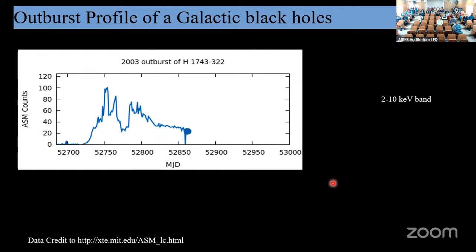If you see an outbursting black hole like this, these outbursts are some sort of transient phenomena which occur and last for 50 to 100 to 200 days. So it's a phenomenon where a black hole and the accretion process around it evolve. The black hole evolves because it's devouring some mass and angular momentum.